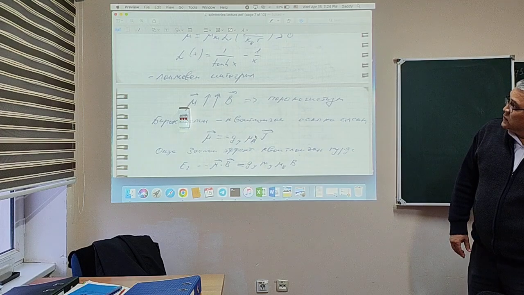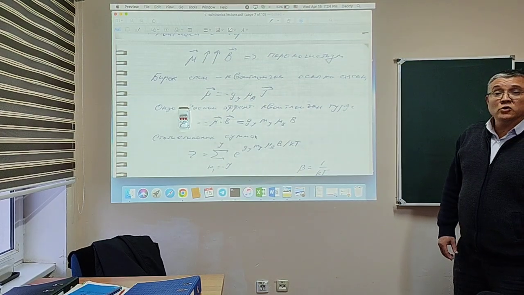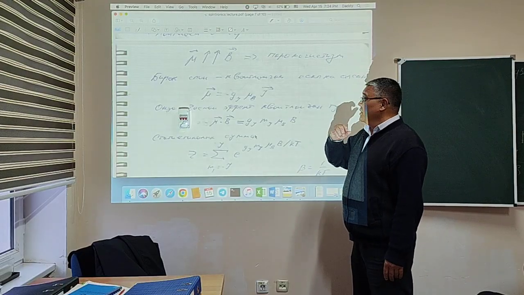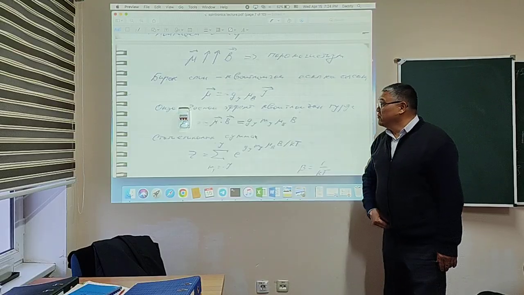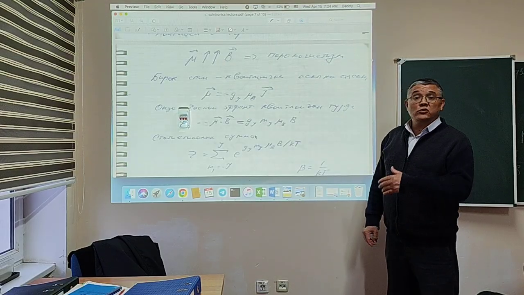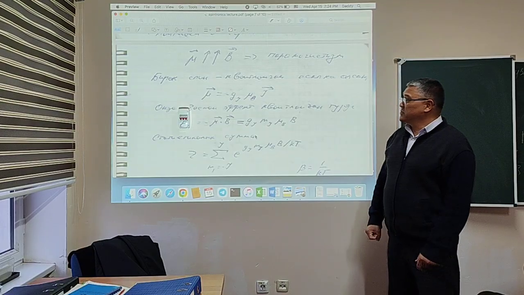Now, if we look at this problem using spins, we know that in quantum mechanics, spin is a quantized value, which is given by this equation here, where J is the total moment, which is equal to the orbital moment plus spin moment.